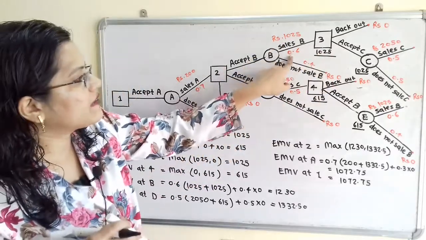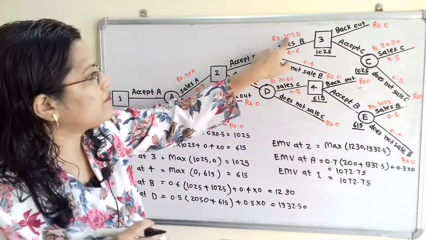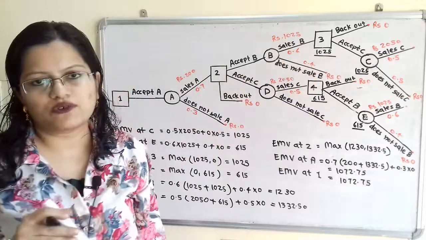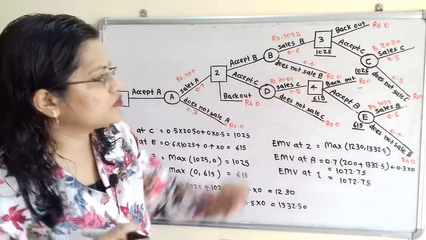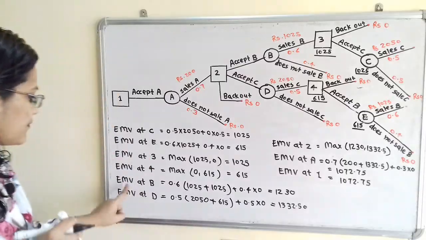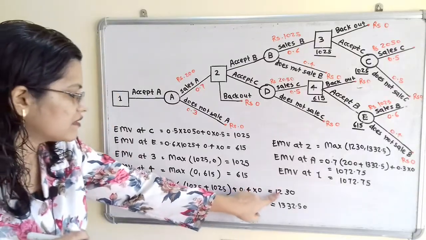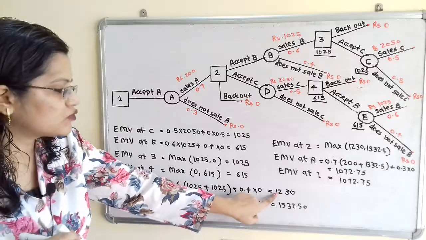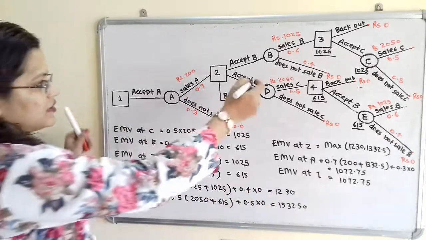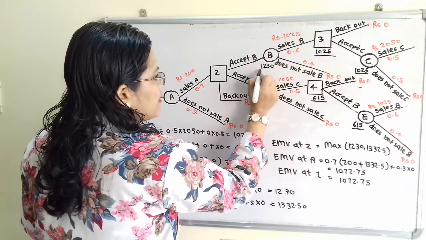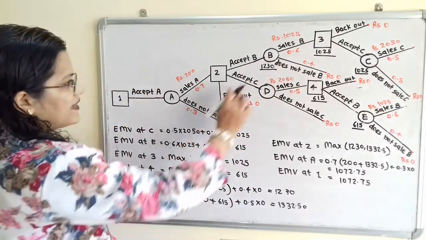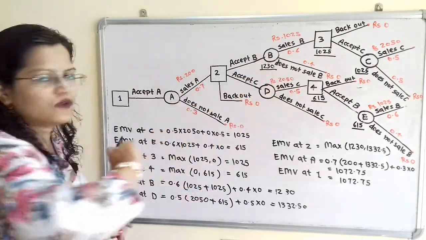So we will take 0.6 in bracket 1025 plus 0.4 into 0. So here we will get the answer 1230, that is rupees 1230. So I will mention here 1230. I will underline this. So this will be the expected monetary value at node B.